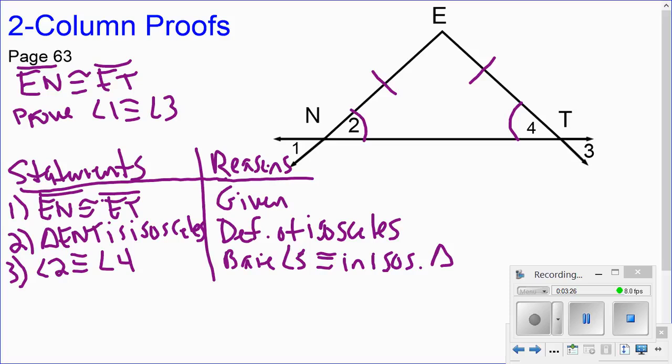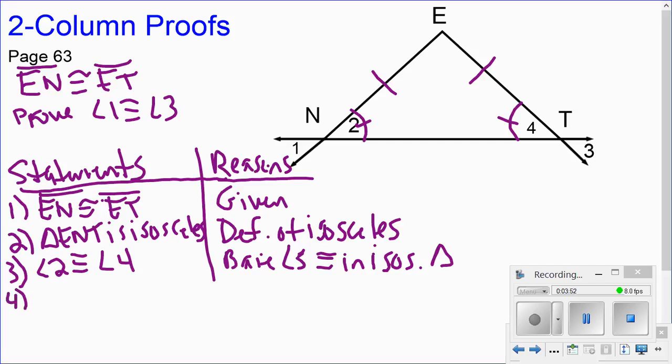Okay, so let's think of what else we know here. Well, we know that angle 2 and angle 4 are congruent to each other, but I'm also noticing that 2 is congruent to 1 because they're vertical angles, and same thing with 4 and 3. So I'm going to state both of those.